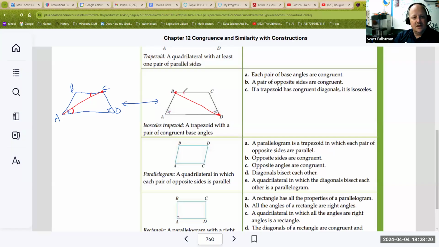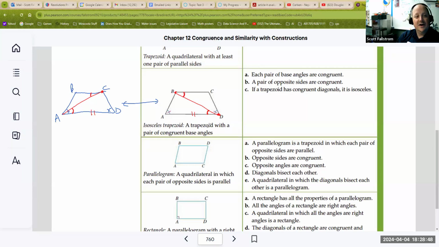And I know this angle up on top here is the same as this angle down here. All right, so there we go. And I know this side down here is congruent to itself, right? And I knew the base angles were equal.